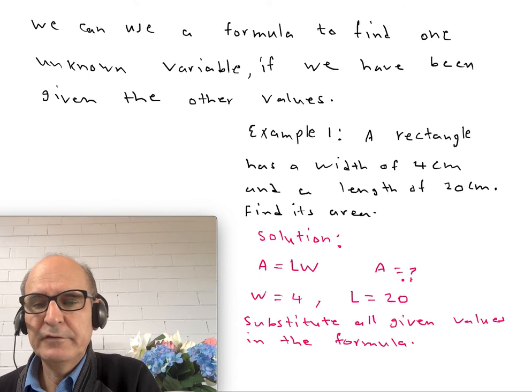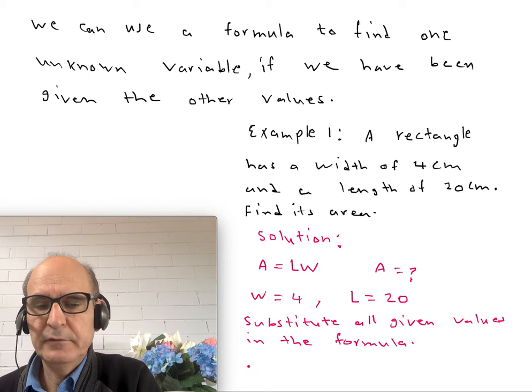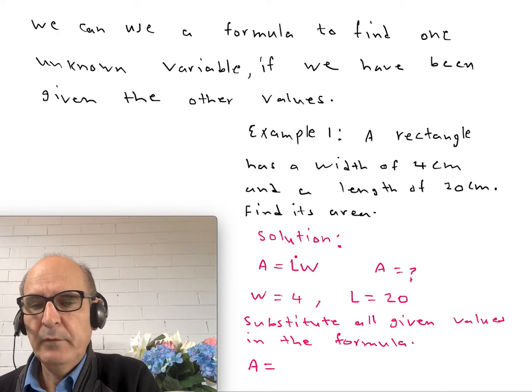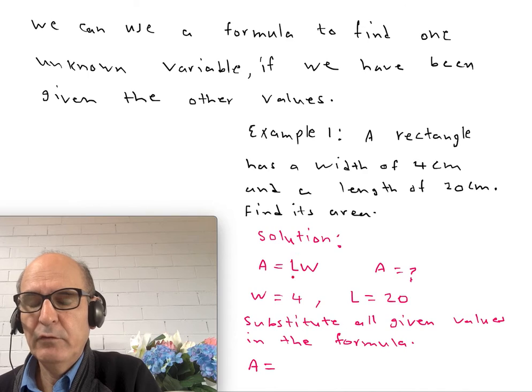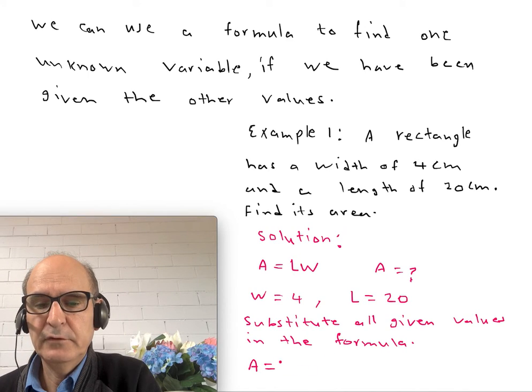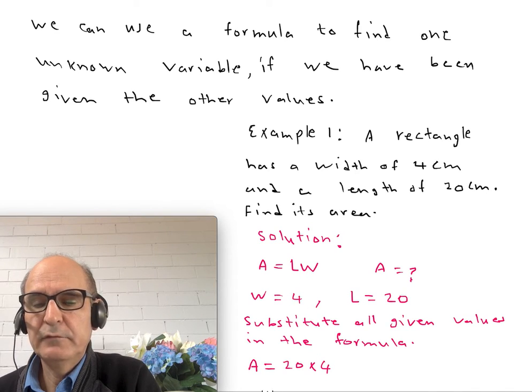So A is going to stay because we don't know A, so we write the formula again, A equals, but we replace the known values. So L is 20, so 20. Remember there's a times between, I got to put that times back. And W, which is equal to 4. So I replace W with 4. So 20 times 4 is 80. So A is equal to 80.